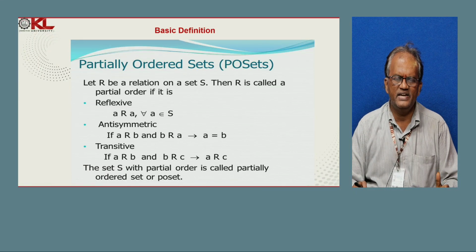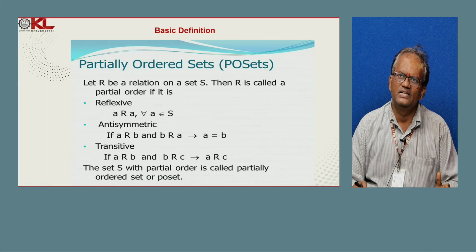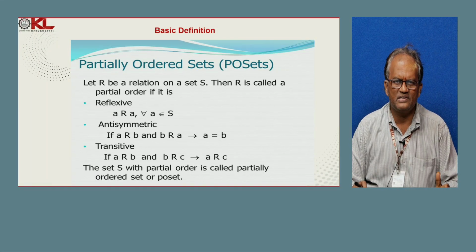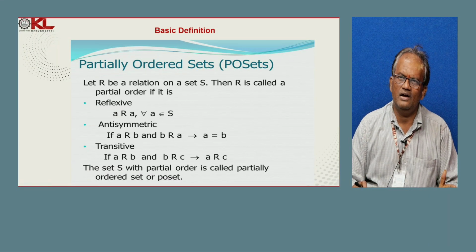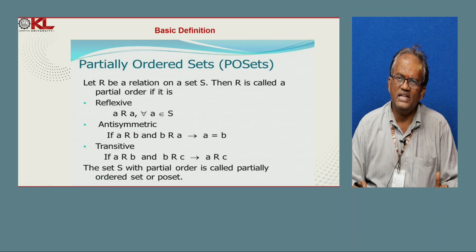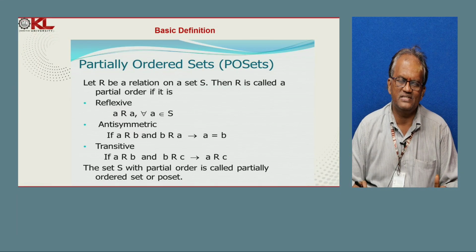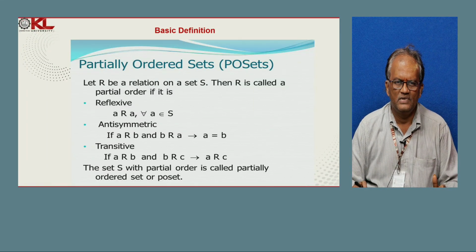Reflexive: A is related to A for every A in S, that is, every element should satisfy the relation. Antisymmetric: if A is related to B and B is related to A, then the two elements should be the same. That property is called the antisymmetric property.